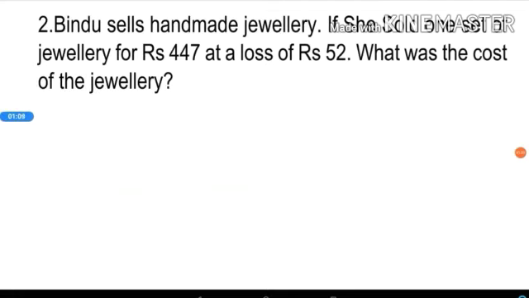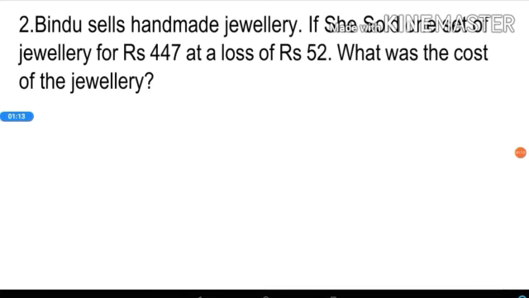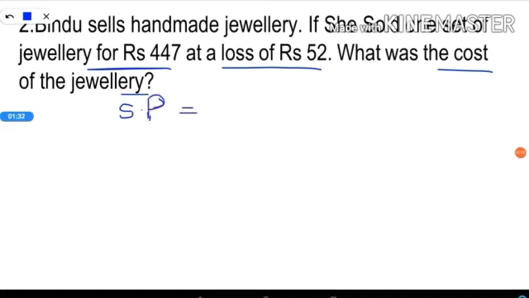Bindu sells handmade jewelry. If she sold one set of jewelry for 447 rupees at a loss of 52 rupees, what was the cost of the jewelry? Observe the given information. Selling price is given and loss is given. We need to find out the cost price. So, write selling price is equal to 447 rupees and loss is equal to 52 rupees.